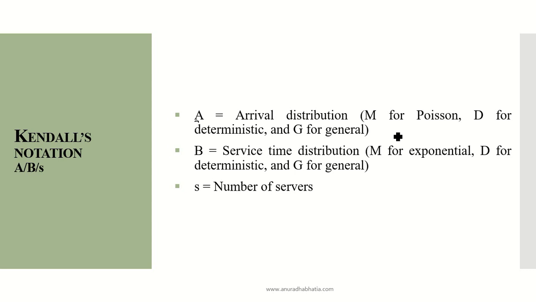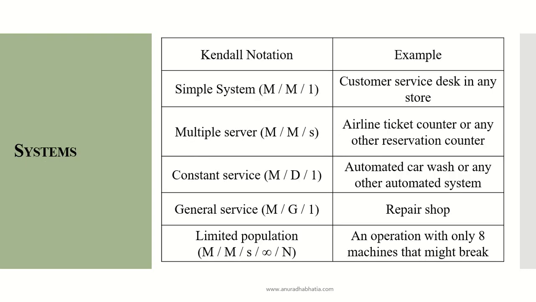B is replaced by the service time distribution: M if it is an exponential distribution, D if it is a deterministic distribution, and G if it is a general distribution. And S is the number of servers. So if we have the notation M/M/1, it stands for Poisson arrivals, exponential service, and the number of servers is 1.